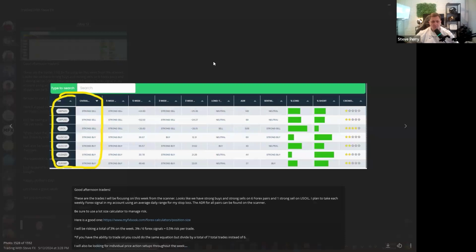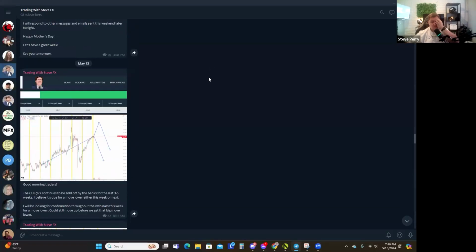Versus the price action trades, we do that all the time. Sky's the limit. We can decide what we want to do with any of those trades. So I created two strategies for different types of people. You can trade both if you'd like, or you can trade one or the other, whichever one fits your style better.